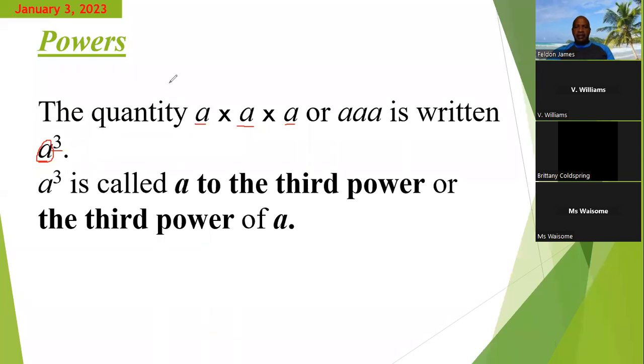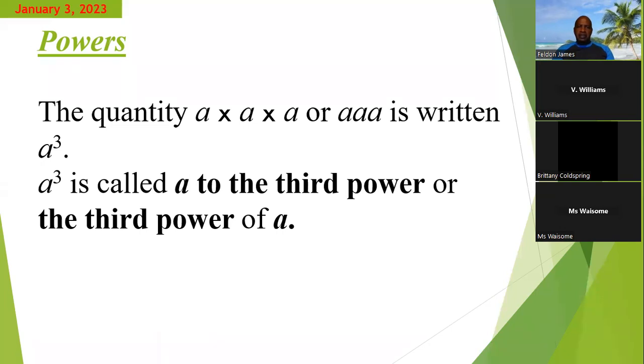All right, so we say another name for power is index. And if we are referring to more than one index, we call them in the plural sense indices. Now, we also call index and indices exponent, which is just another name.